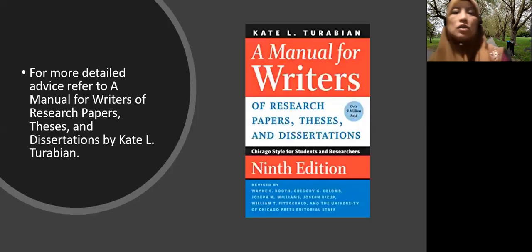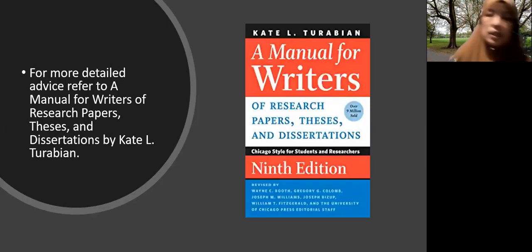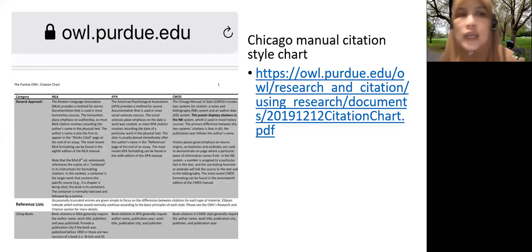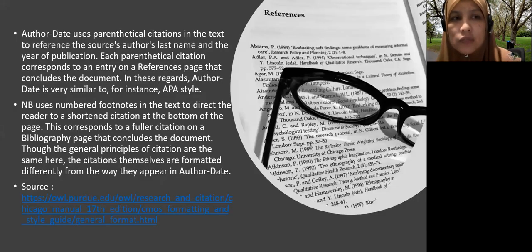All right, so I'm done with all this type of referencing. I would say that as a student of IRK, you have no other choice but to use Chicago Manual Style and footnotes. So you need to familiarize yourself with Chicago Manual Style. And I hope that I'm giving you the link here.